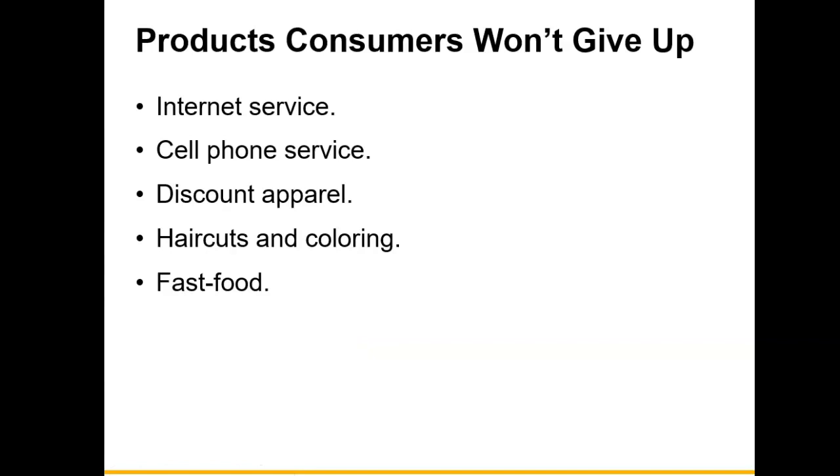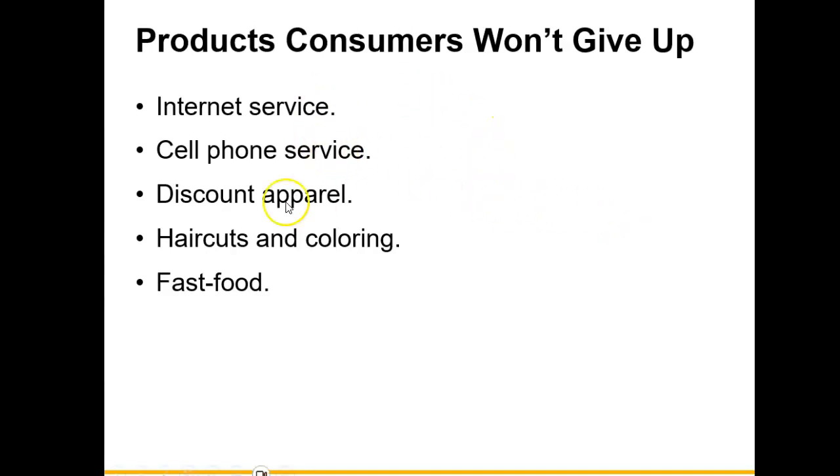Here are some products that consumers just won't give up. Internet service. Now think about it. How many hours a day do you spend online? Cell phone service. Now, if I had to guess, you're probably on your cell phone right now. Okay?